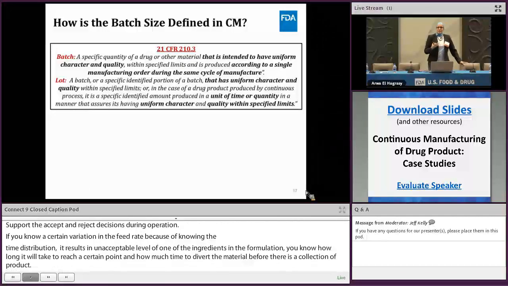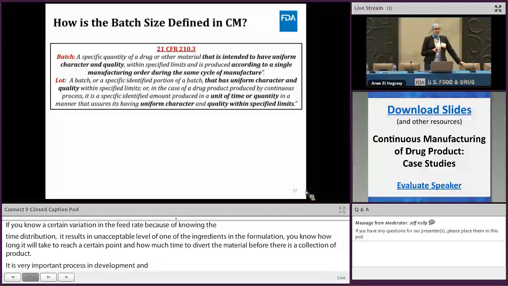One of the questions that usually come up with continuous manufacturing is how is the batch size defined in continuous manufacturing?